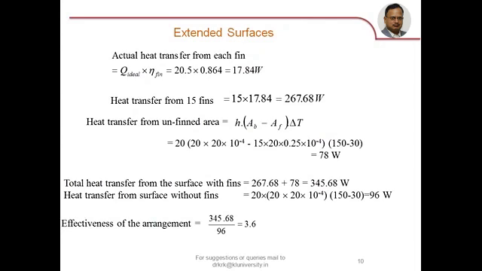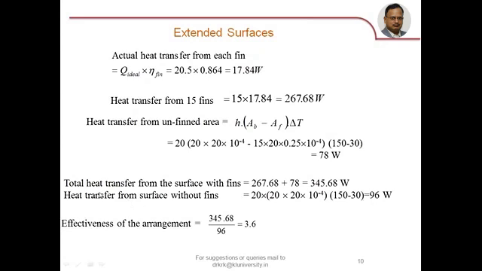Suppose there are no fins at all, then heat transfer from the surface without fins is h into area 20 into 20 centimeter square into 10 power minus 4 meter square, delta T 150 minus 30, which is 96 watts.